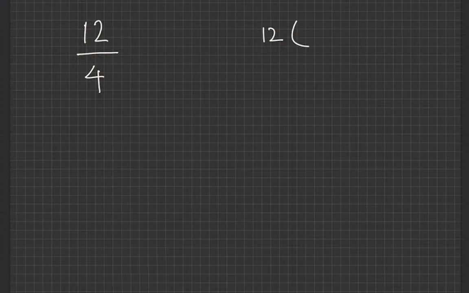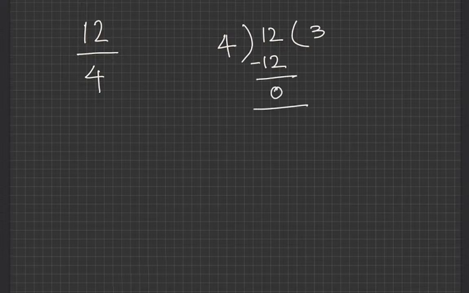Let's recollect, we're doing arithmetic. Let's say I have a division fact, say 12 divided by 4. If we do the long division, 4 times 3 will give me 12.